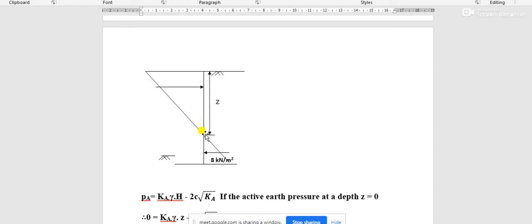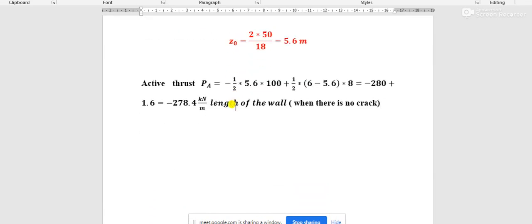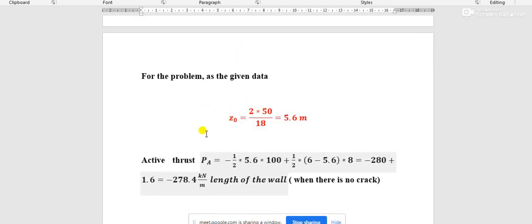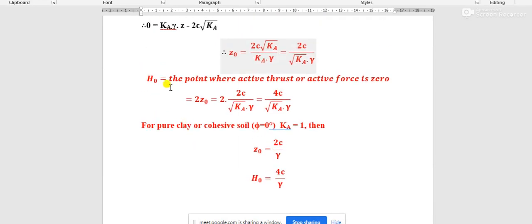If there is no such type of cracks, then this is the way to calculate the active thrust, or the point of zero active thrust.